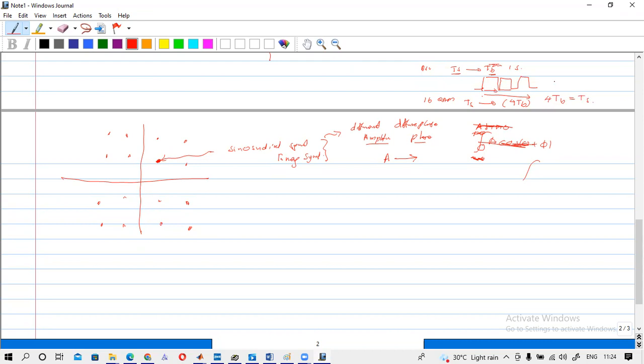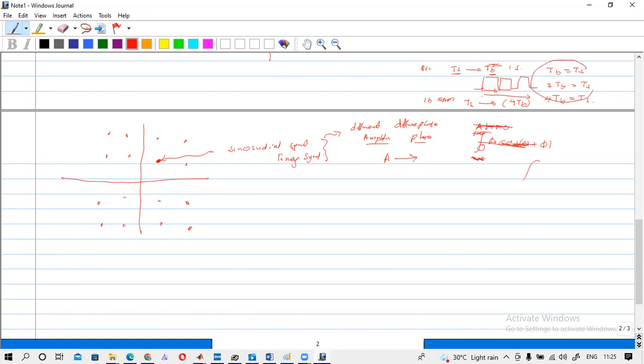This is for QAM. If you are using 8 PSK, 3 Tb will equal 1 symbol. If you are using BPSK, 1 Tb is equal to 1 symbol duration.